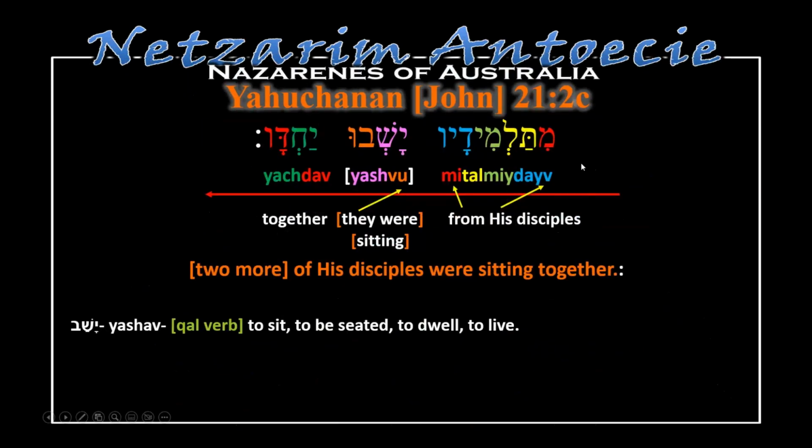And we come to 2c, and it is a mem, tav, lamed, mem, yod, dalet, yod, vav, yod, shin, vet, vav, yod, chet, dalet, vav. And we read, me-tal-me-Dave, from his disciples.